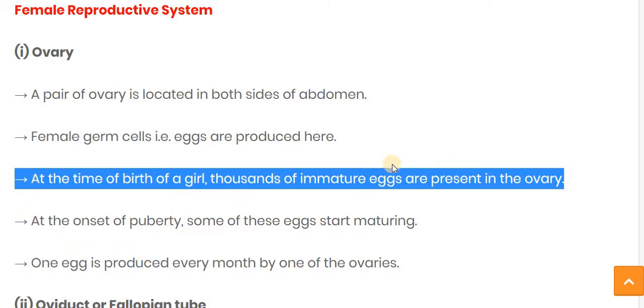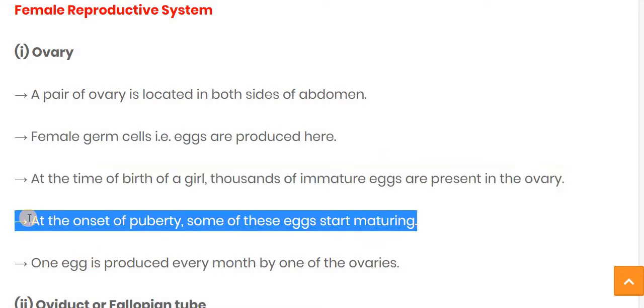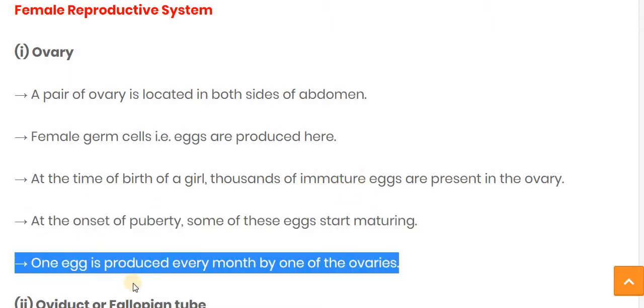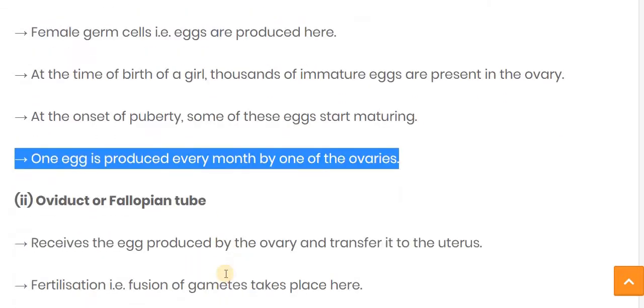When puberty comes, maturation occurs and these eggs start to mature. So one egg is produced every month by one of the ovaries.